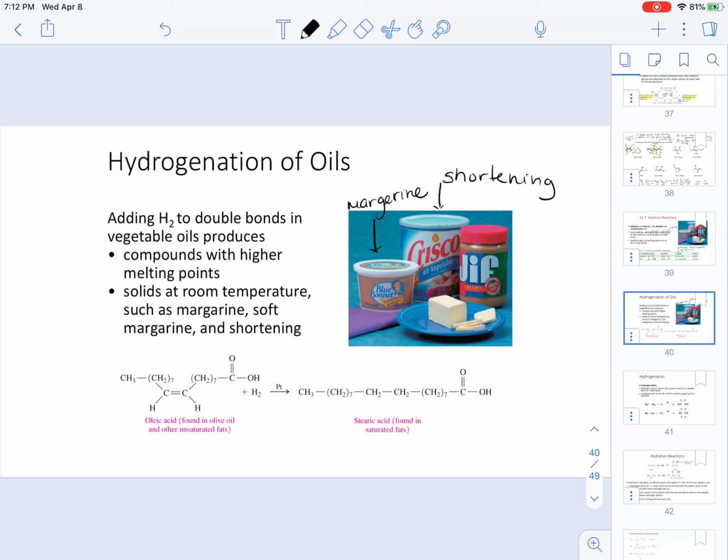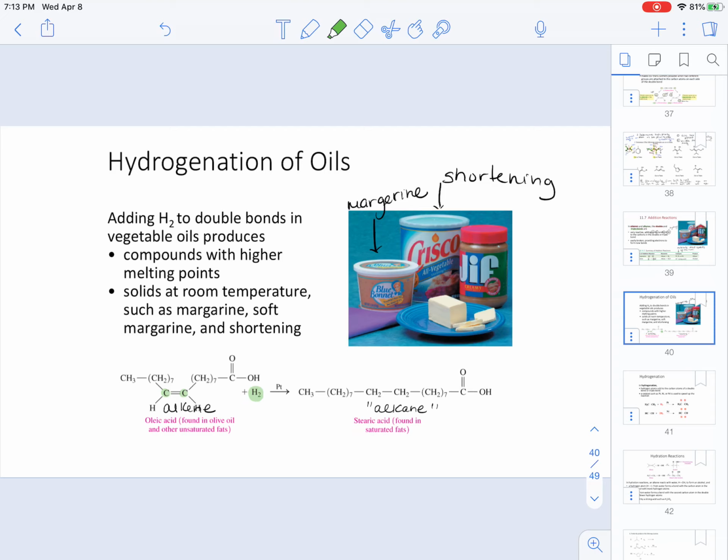So what is happening there is that they are taking these molecules that are carboxylic acids that have an alkene motif, and they're going to be turning them into an alkane motif. And I'm going to put that in parentheses because all we're doing is adding hydrogen to each of the carbons that were held by the double bond.